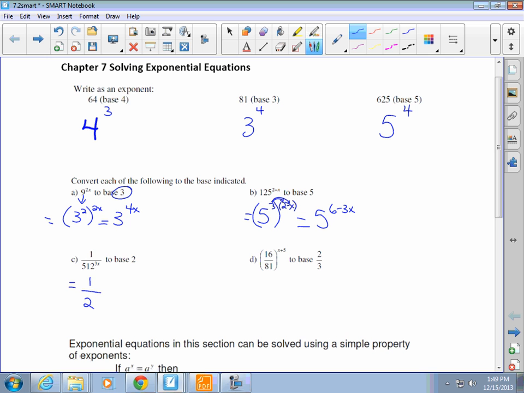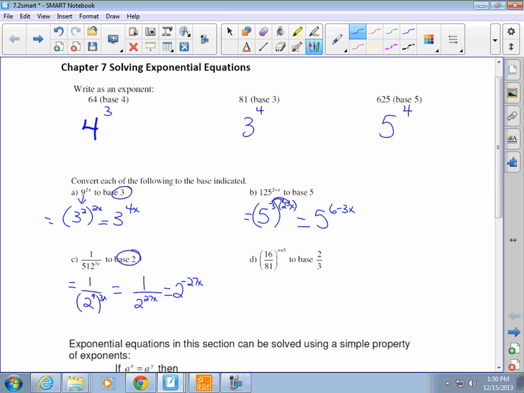So 2 to the power of 9 is the equivalent of 512, but that is still to the power of 3x. So this would be the same as 1 over 2 to the power of 27x. Now because this asked us to write it in a base of 2, we want to flip it so that it's not a fraction, but just a base of 2. In order to flip this, we make our exponent negative. So this would be 2 to the power of negative 27x.